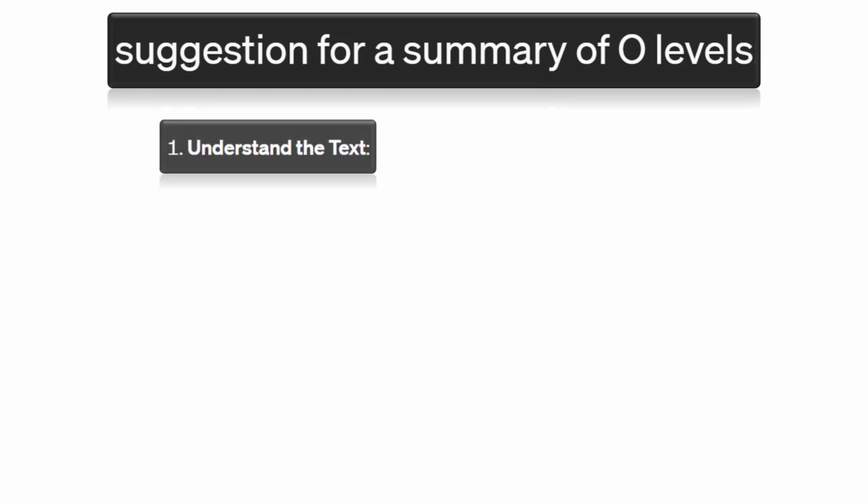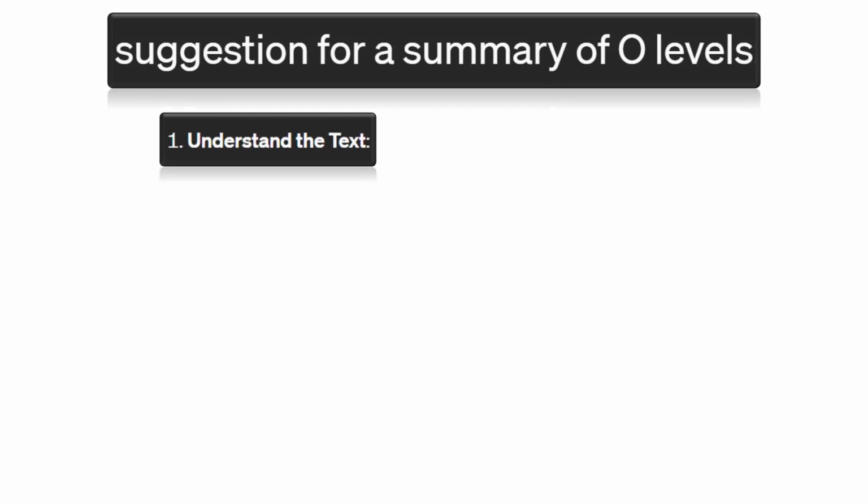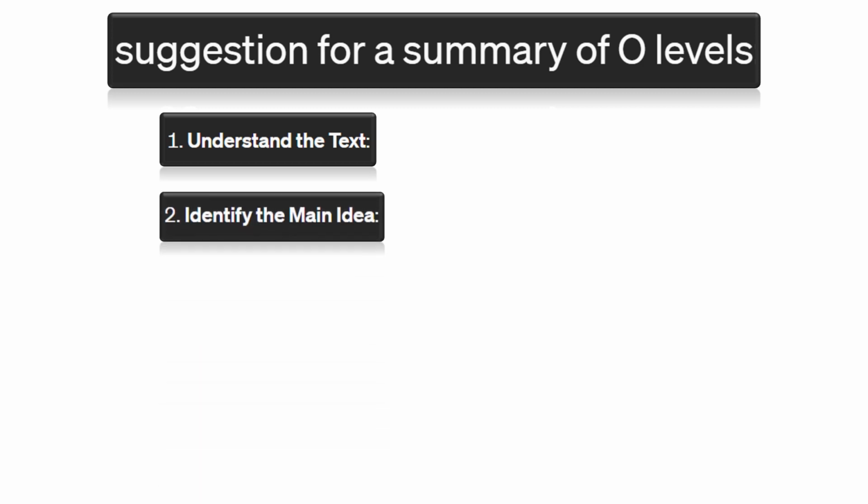Look for the suggestions. The first thing is that after understanding the question, you should understand the text, what the text is about. I suggest that for this, you should read the text at least twice or thrice and underline the related information. Afterward, you should see what the main ideas of the text are. They should be underlined.